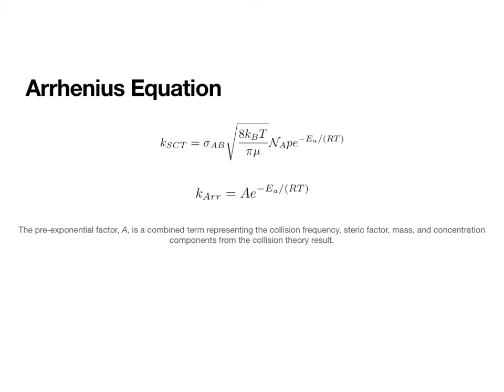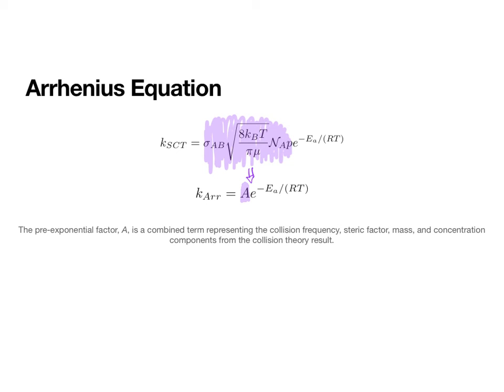Now, this collision theory expression, all of this is our complex part. There's a lot going on in here. What we like to do is use Arrhenius, because we take all of that and combine it together and call it A. A is what is known as the pre-exponential factor.